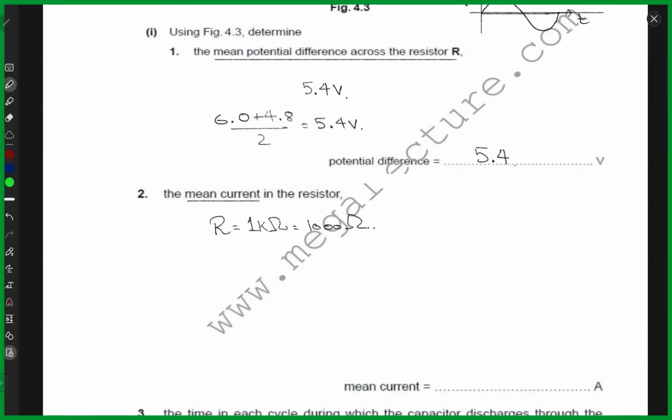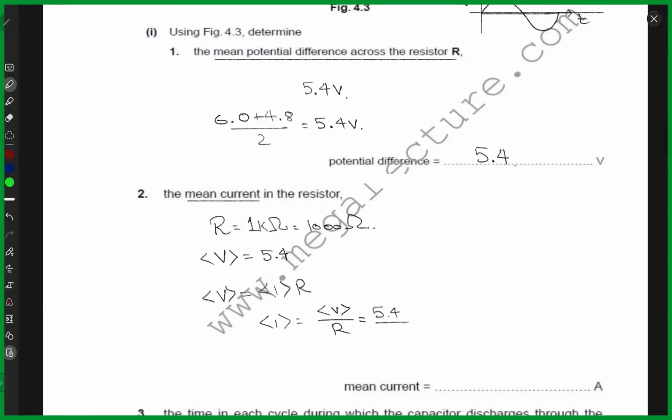Mean current corresponds to the mean voltage, which we have found out, 5.4. So how do I find the current? V is mean current times R, so mean current would be just mean voltage over R. The mean voltage is 5.4.